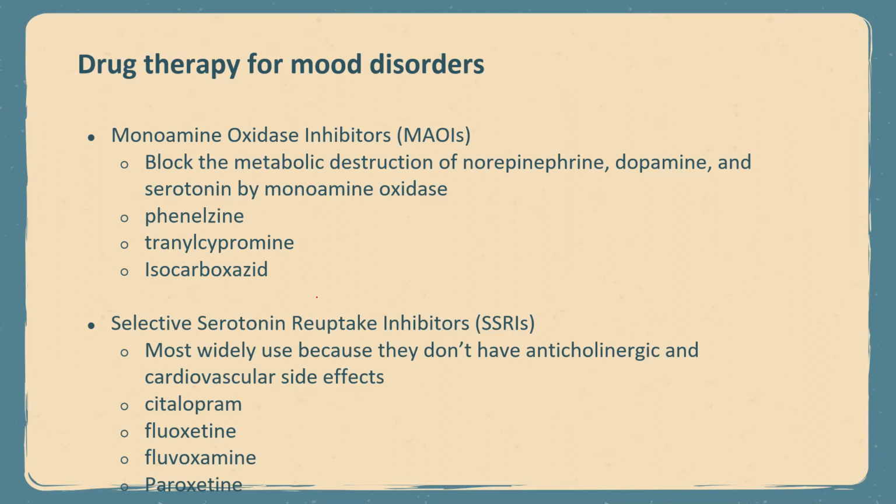Next in line is we have the SSRI or the selective serotonin reuptake inhibitors, which are widely used against depression. Why? Because they don't have cholinergic and anticholinergic and cardiovascular side effects. Okay? Again, it is used for the elevation of the mood and reduce symptoms of depression. Side effects of SSRI includes restlessness, agitation, anxiety, insomnia, and sedative effects.